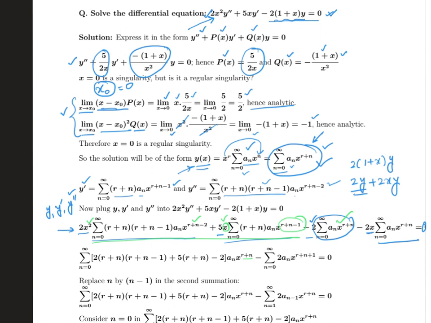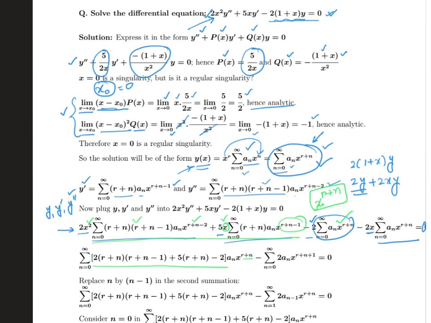So the first three summations have x to the power r plus n. So the variable x has the same power, so we can combine the first three summations by taking the coefficients together, and we get this.